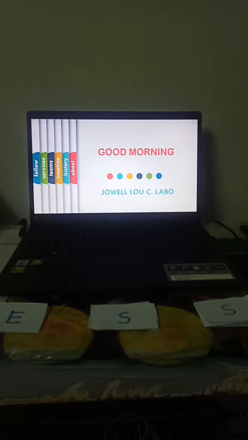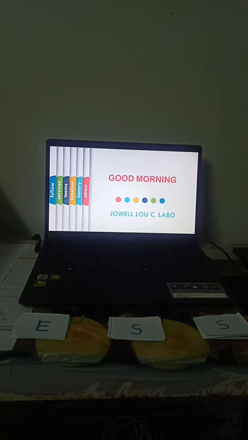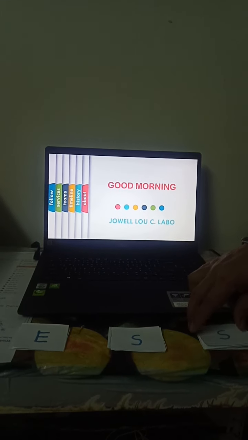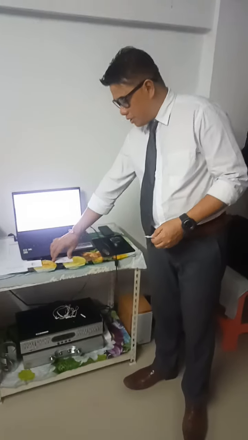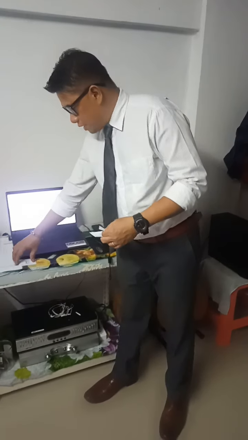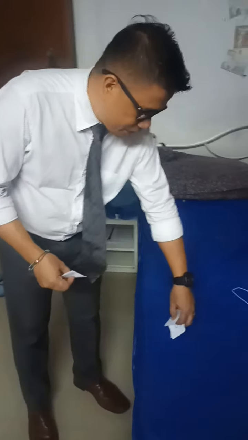For our warmer for this morning, let's play a game. Our game is called word composition. I will group you into three and I will give you these paper cuts, and each of you will form a word.